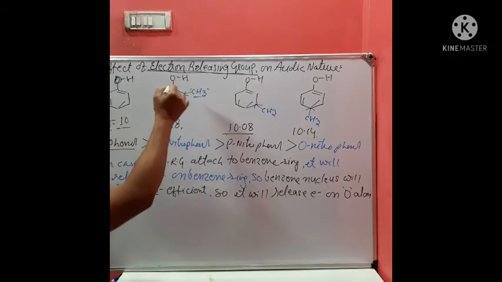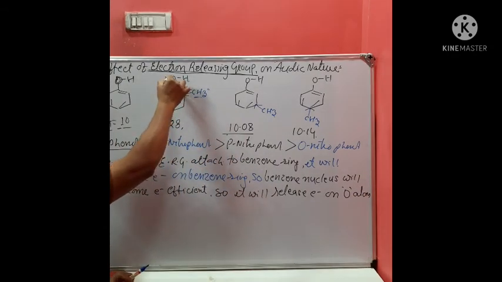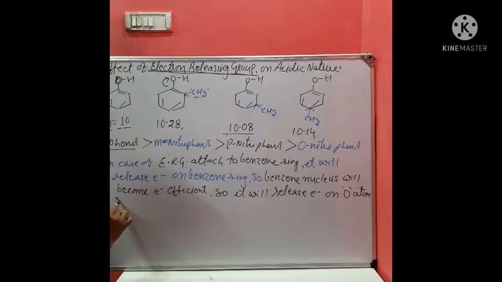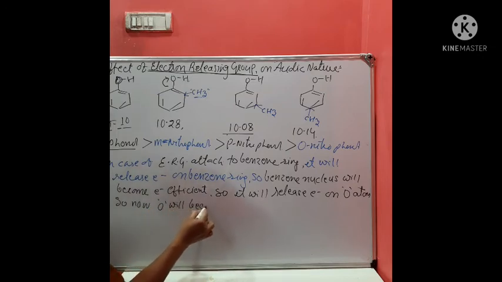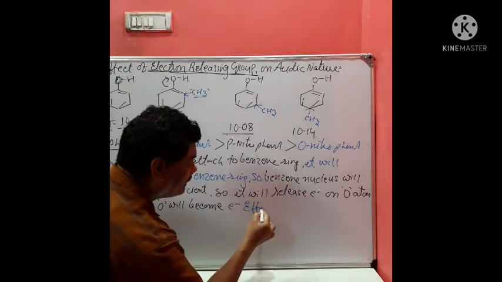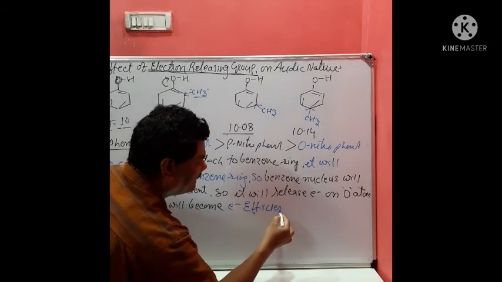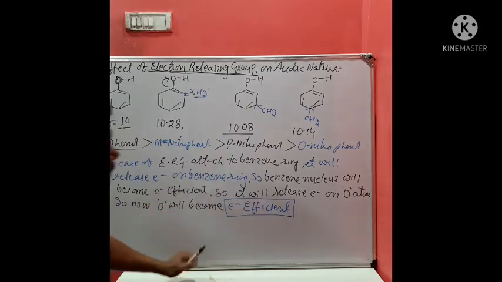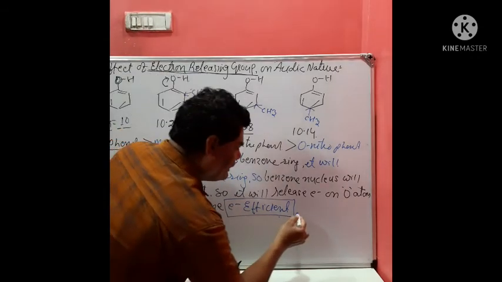That means now the electron will be released to the oxygen atom. So now oxygen will become electron efficient. Remember, just opposite. Earlier in the previous case it became electron deficient, but now it becomes electron efficient.